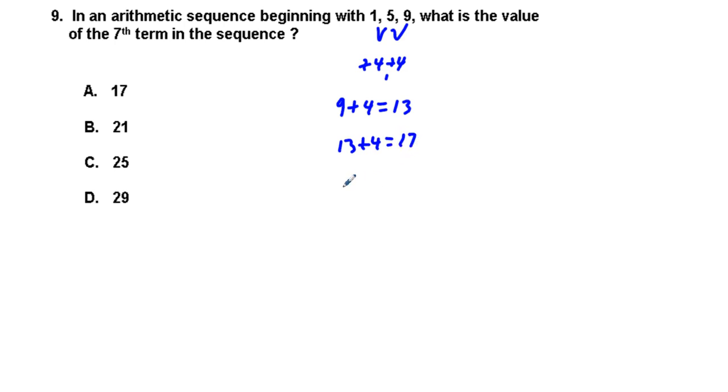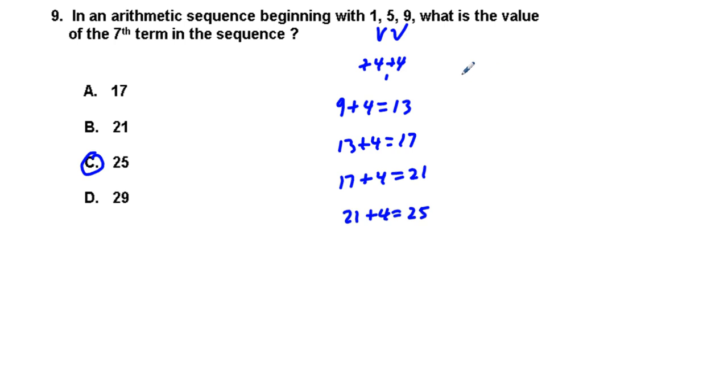That's our fifth term. 17 plus 4 is equal to 21. That's our sixth term. 21 plus 4 is equal to 25. So that's going to be that.